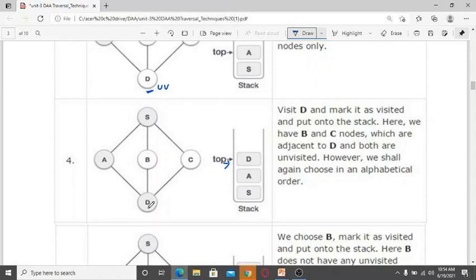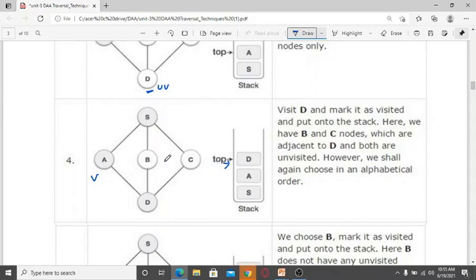From D, we have 3 adjacent vertices: A, B and C. But A is already visited, and B and C are unvisited. So you can select any one of these. You can select C or you can select B, but we will go as per the alphabetic order.